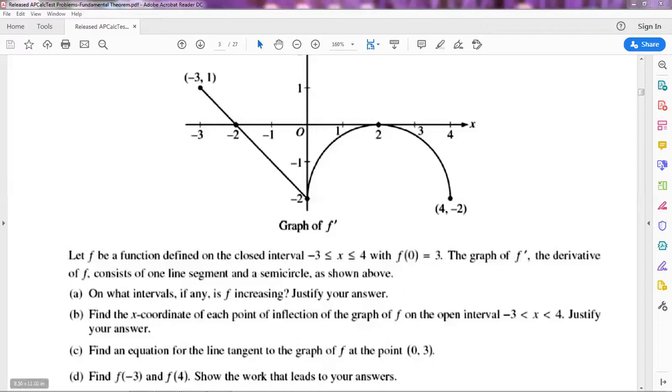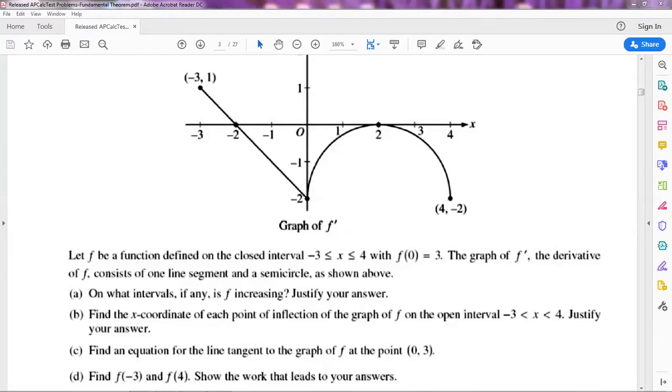You have this: find an equation for the line tangent to the graph of f at the point (0, 3). Okay, let's see what is the point of f, (0, 3). This is the point.